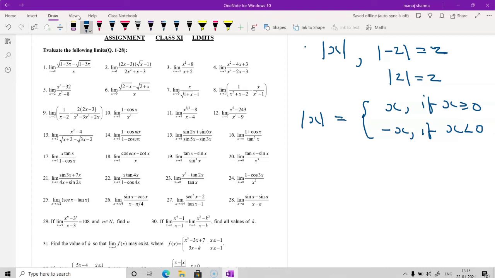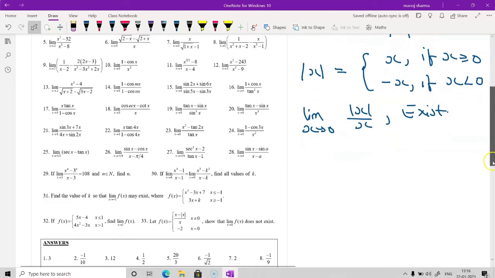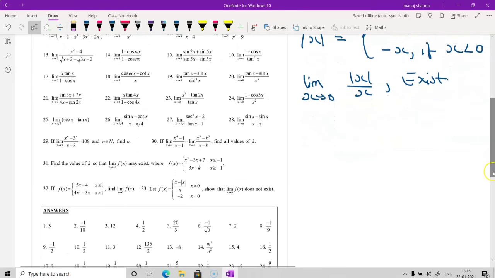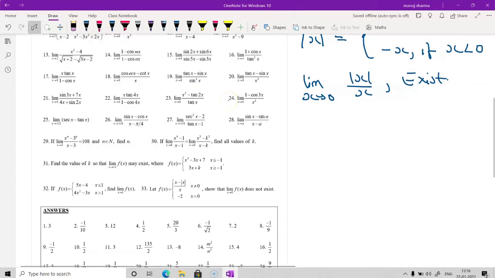Now from here my question starts. My question says that whether the limit of x tends to 0 of mod x upon x exists. There are two things which are being involved over here. First is the modulus function, and second is whether the limit exists or does not exist. So we should have the knowledge of each and everything, that how to handle this question.